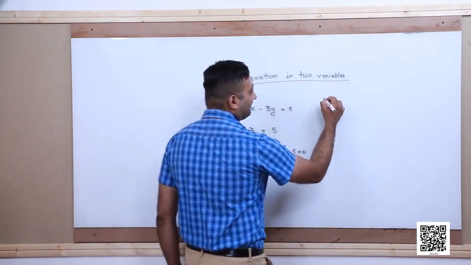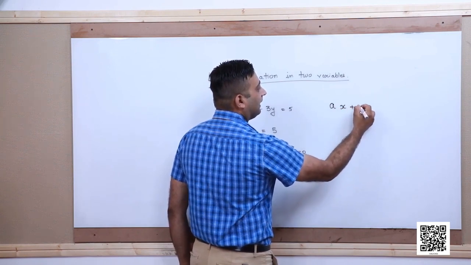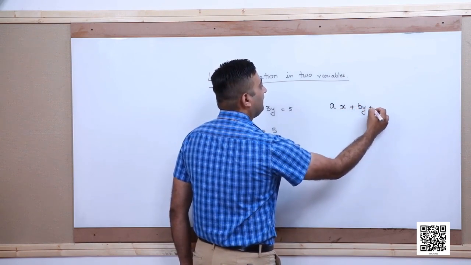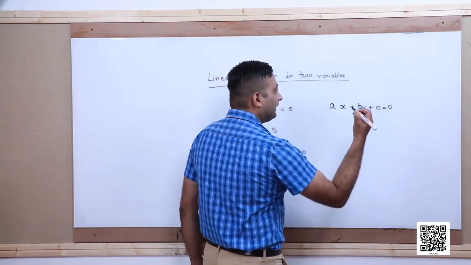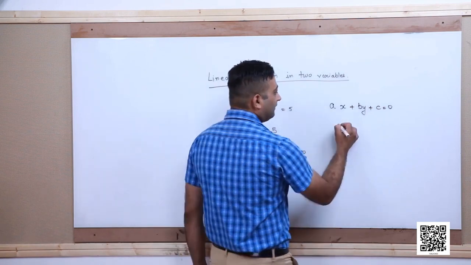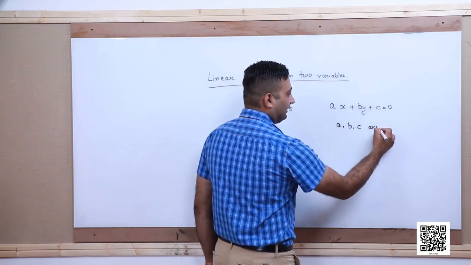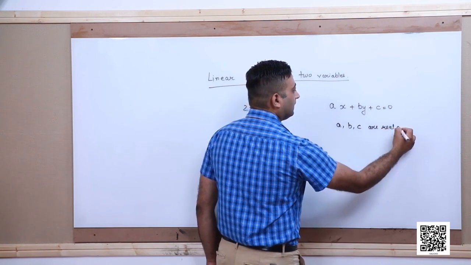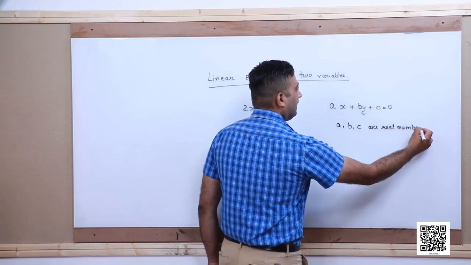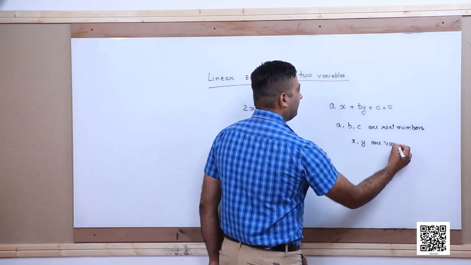So we can say that the equation which can be put in the form ax plus by plus c equal to 0 represents the linear equation in two variables, where a, b, c are real numbers and x and y are variables.